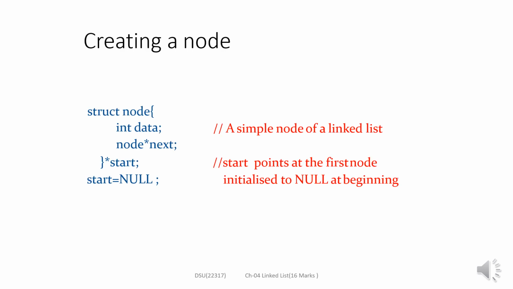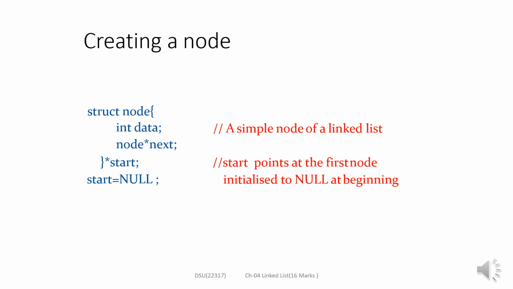Now we will see creating a node. This is a structure for creating a node. Struct node, opening brace, integer data, node pointer next, then closing brace, and a pointer to start. So start is equal to null.